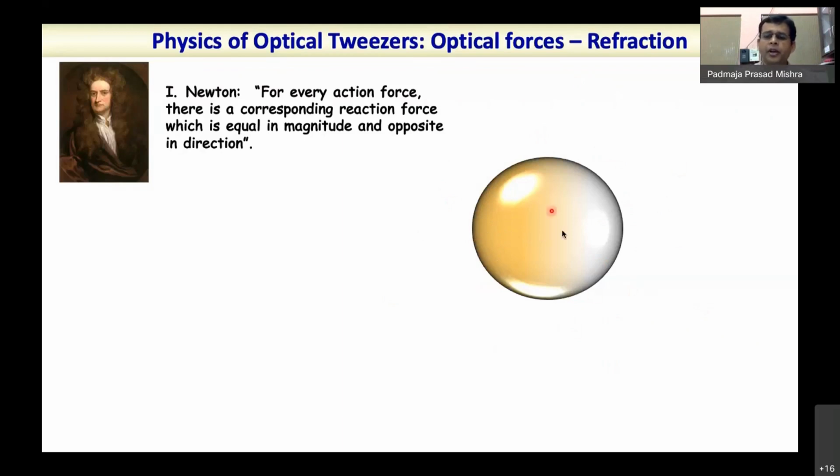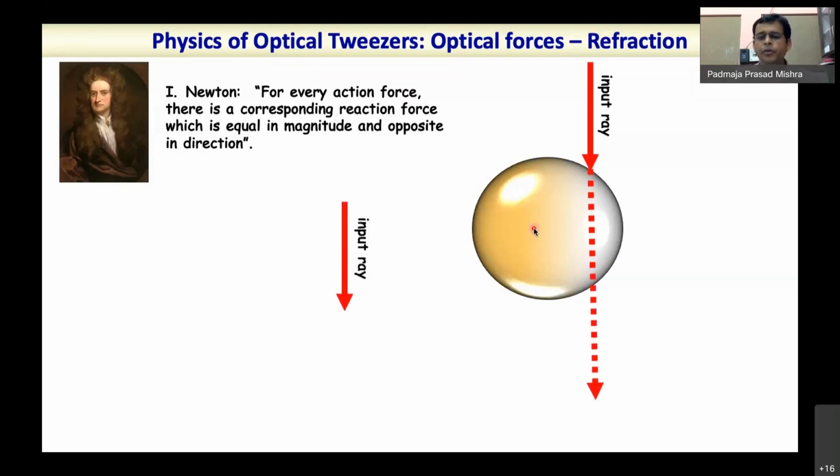So the refractive index is higher for this bead. Whenever an input ray comes, it will interact with the bead, supposed to go like this, but because of Snell's law, it will bend.